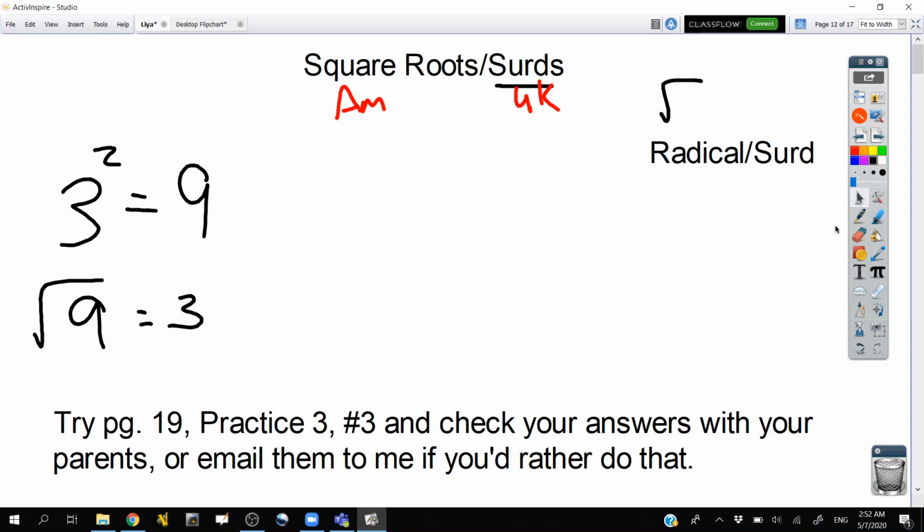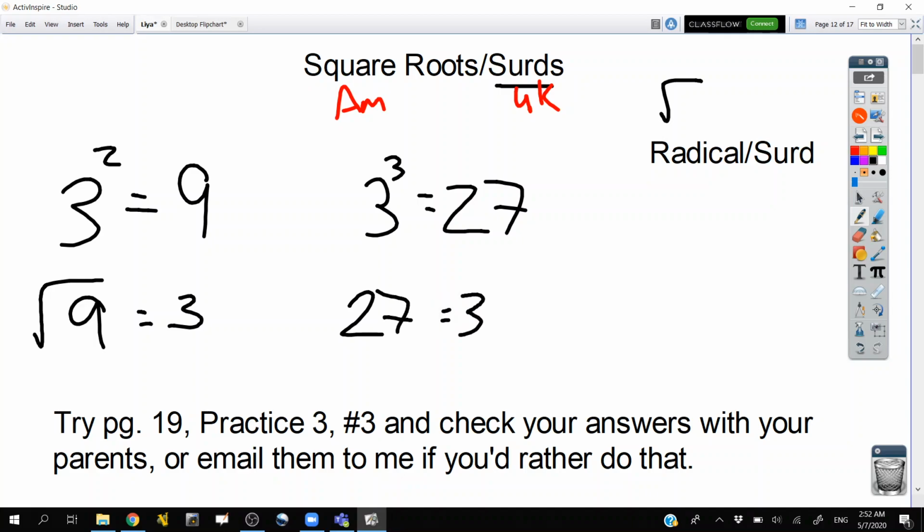What's strange in a radical, well, I guess before I say what's strange, we also could have 3 cubed. 3 cubed would be 9 times 3, which is 27, meaning we should have another type of thing that I can start at 27 and get back to 3. What that looks like is we use that same radical, but we put a 3 here, just to say this is the cube root, or the third surd, the third radical of 27 gets us back to 3 because it's the inverse of this.